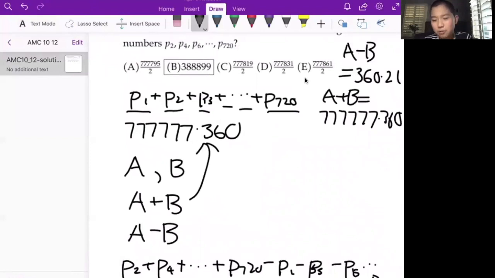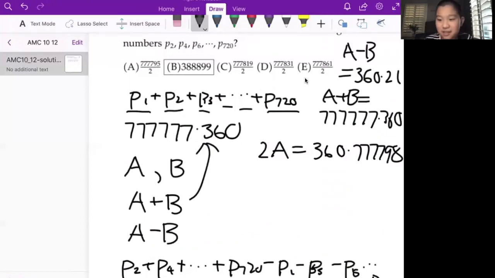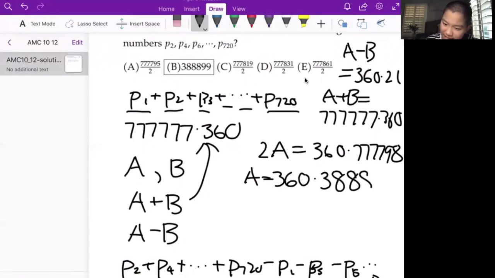So we add up those two to get 2a equals 360 times 777,798. So a equals 360 times 388,899. Yes. After some calculation.